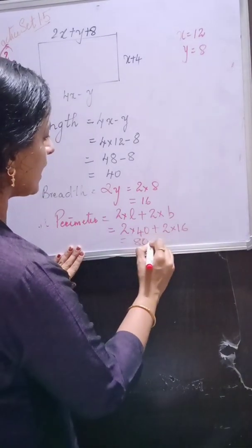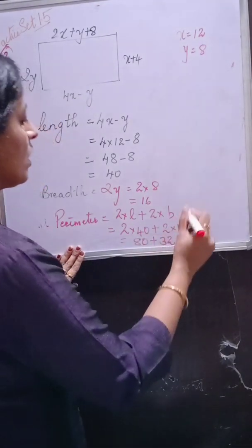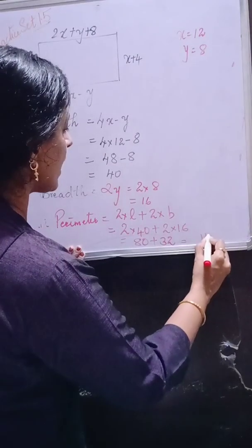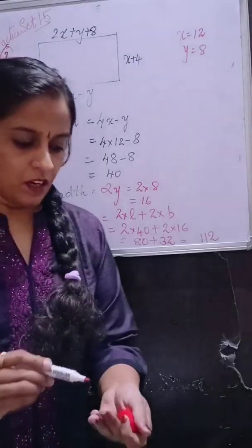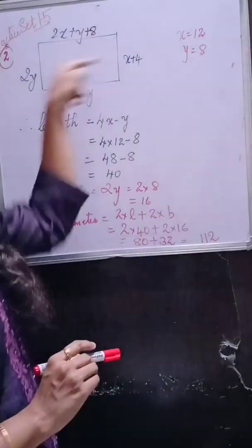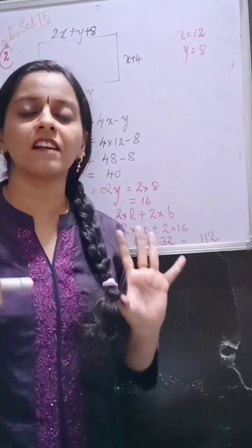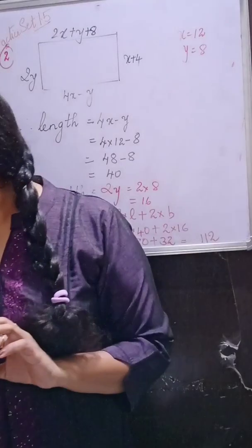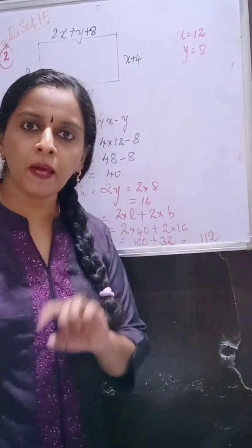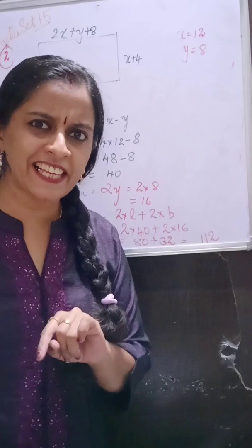So this is 80 plus 32, which is equal to 112. So the perimeter of this rectangle is 112. No centimeter, nothing is given. Just write 112 units.